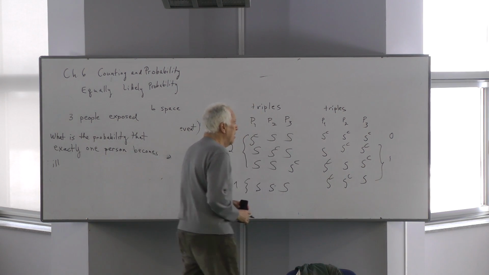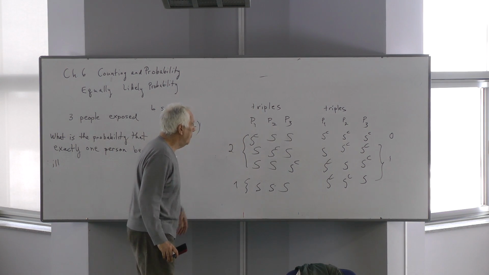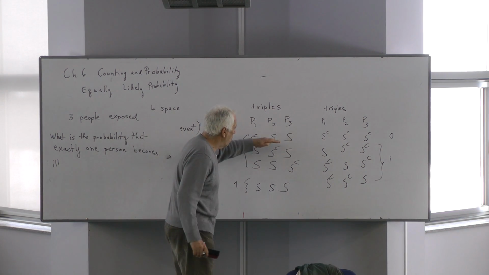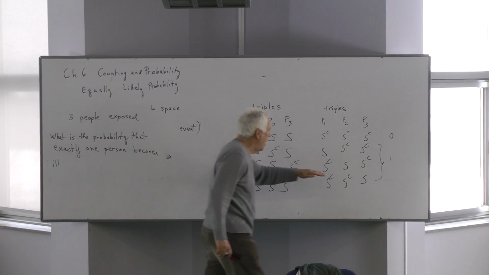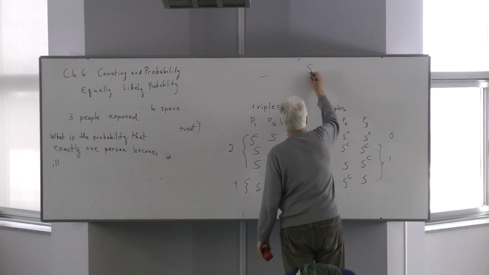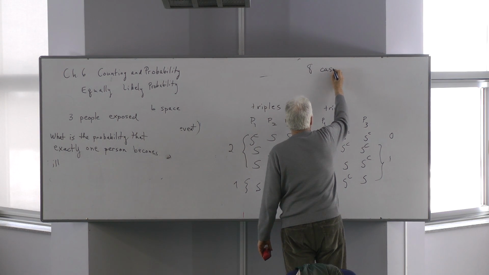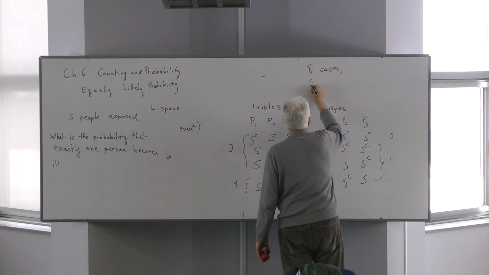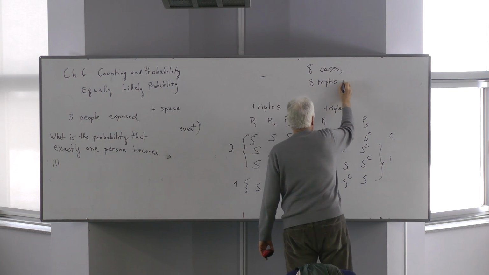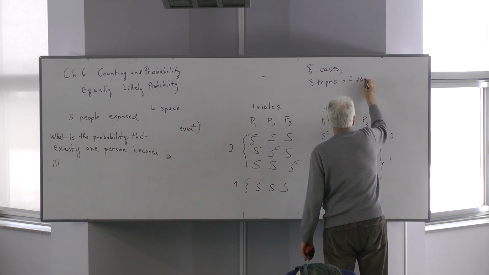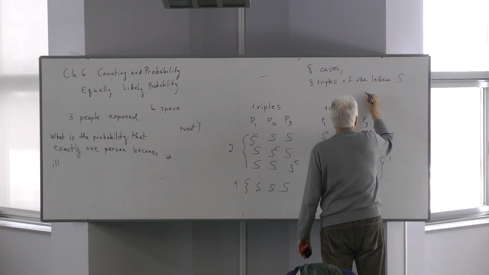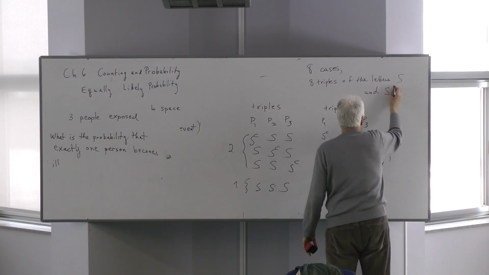Now, notice what this adds up to. How many different cases are there? 1, 2, 3, 4, 5, 6, 7, 8. Eight cases, meaning eight triples of the letters S and not S, not sick.